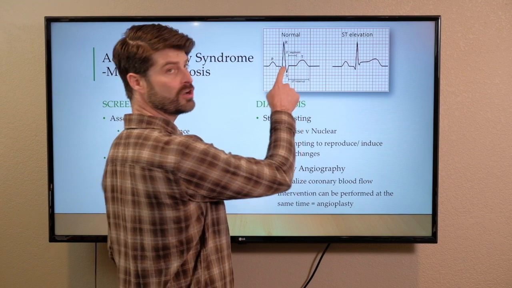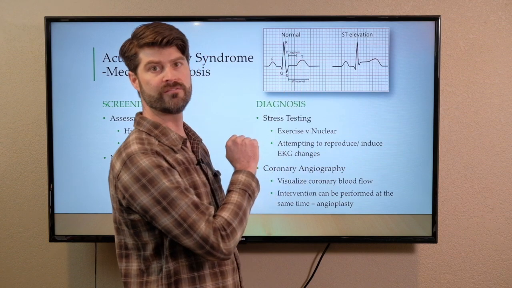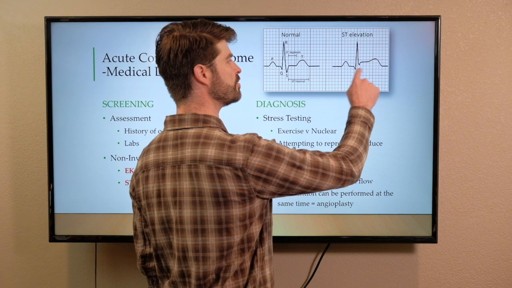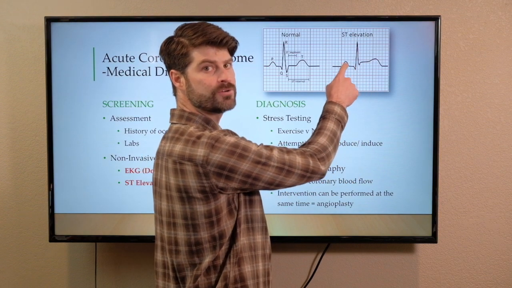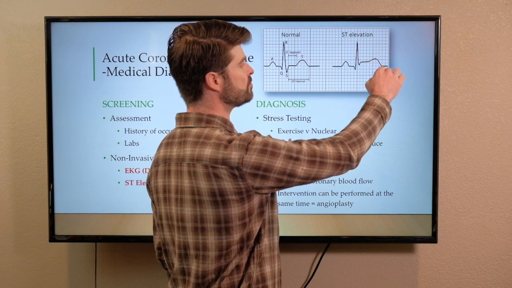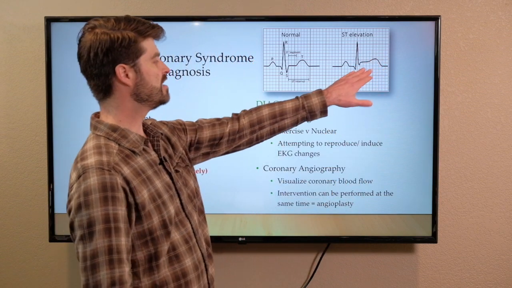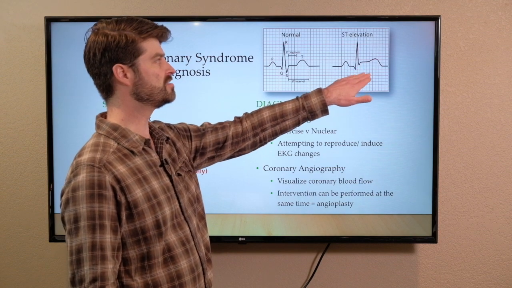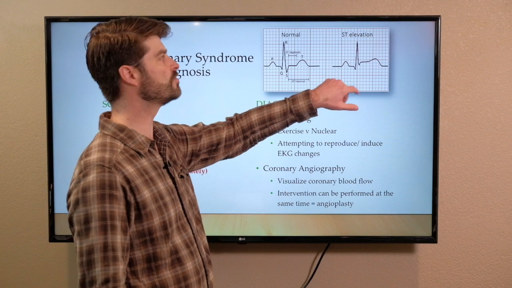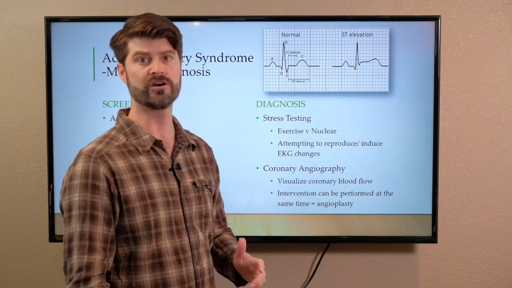It's from the end of our QRS complex to the beginning of our T wave. So when we have ST elevation, there's never a return to baseline after our QRS complex. Instead, it stays elevated and doesn't return to the baseline till after the T wave. That is ST elevation. We call this a STEMI, which stands for ST elevated myocardial infarction.